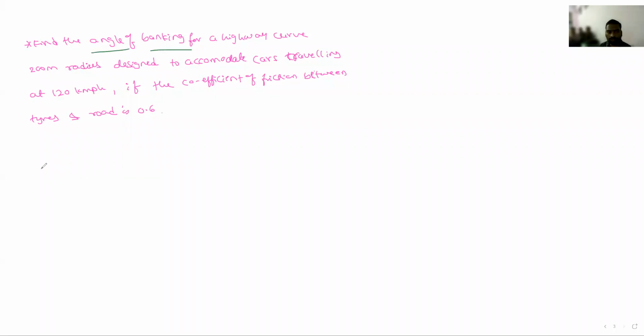Before going to this one, do you know what tan alpha is in the friction? This is the angle of friction, the angle of banking, and that is equal to mu. What is mu, F by W or W by F?